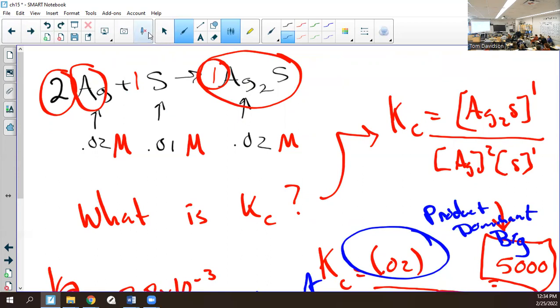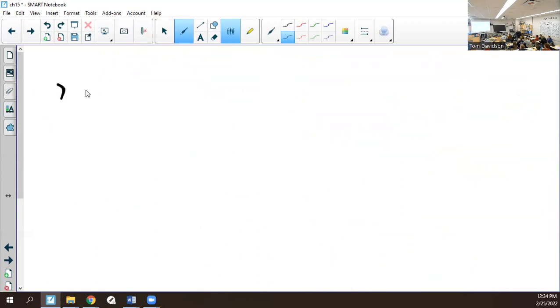Here was an example. We have 2 Ag plus 1 S goes to Ag2S.